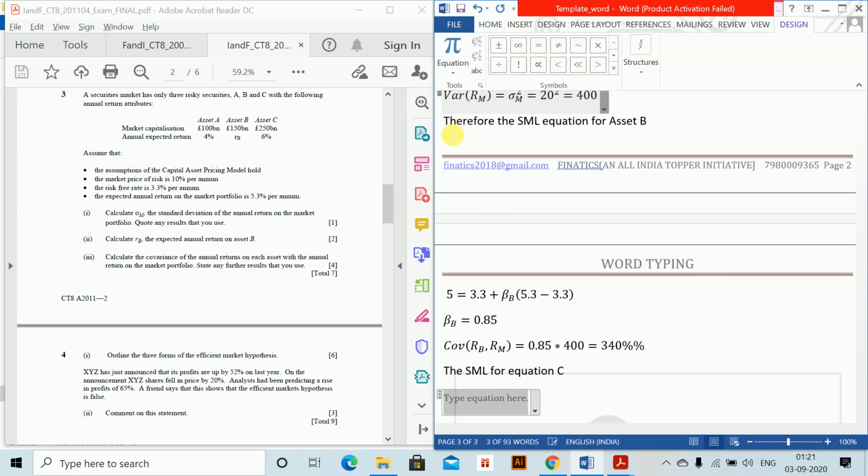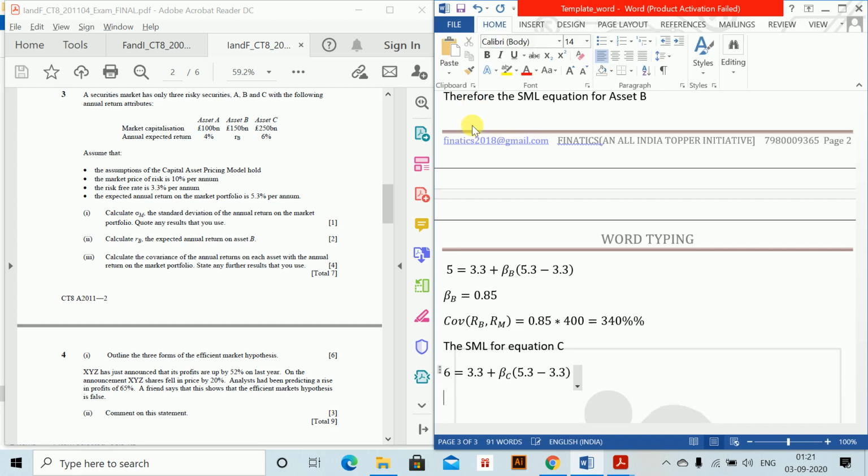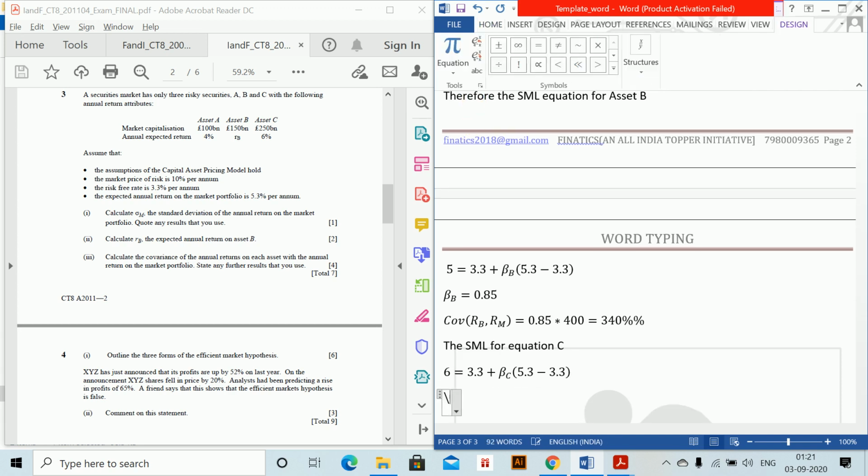And last, the SML equation for C is 6 equals 3.3 plus β_C times (5.3 − 3.3), which leads to β_C equals 1.35.